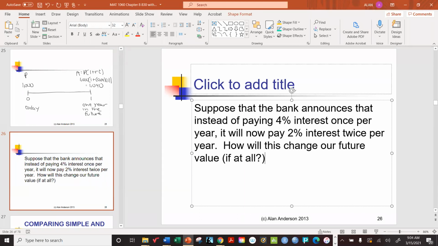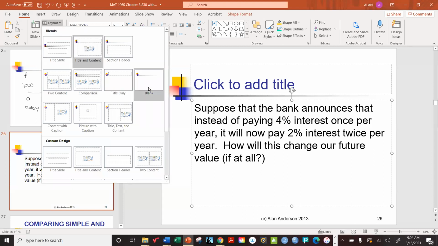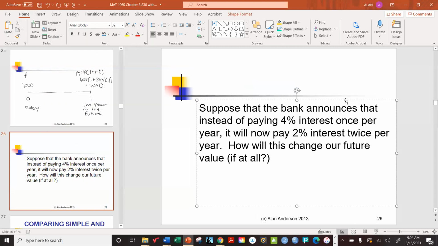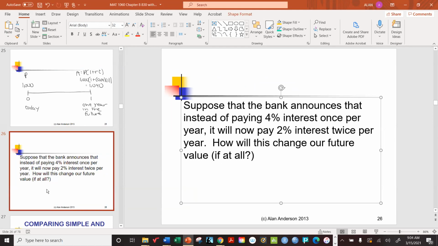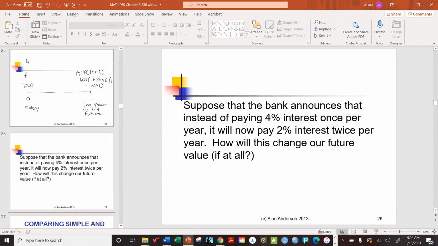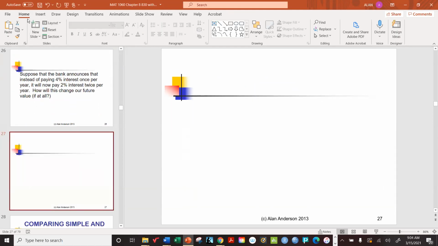All right, so what we would like to do is illustrate how this affects the amount of money we have and whether it makes us better off or worse off. So now we're going to go back to our timeline, and we're going to do this in an interesting way. We'll start out with our $1,000.